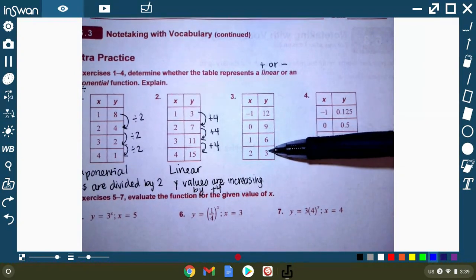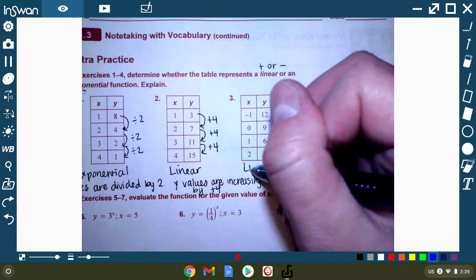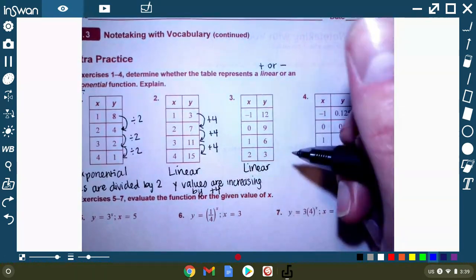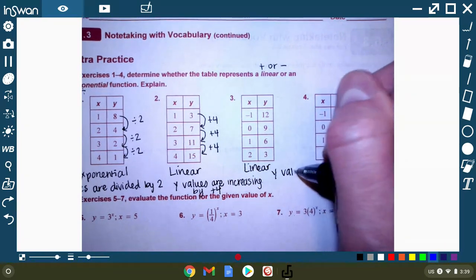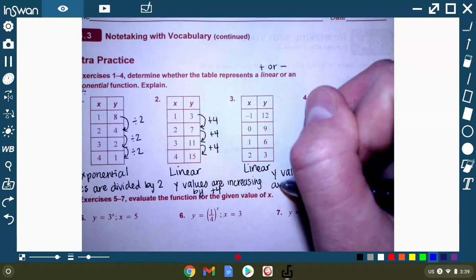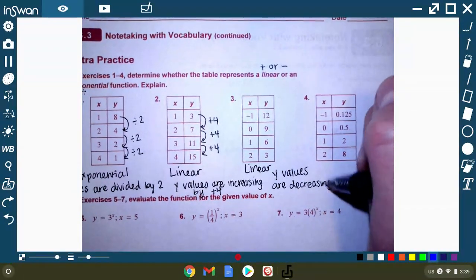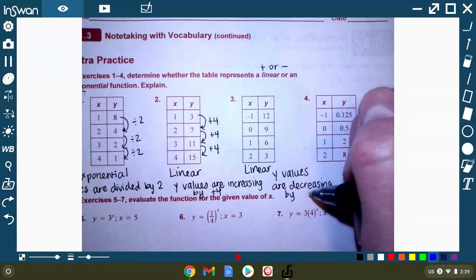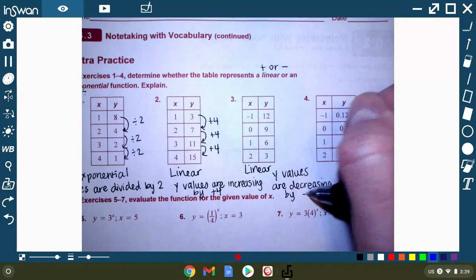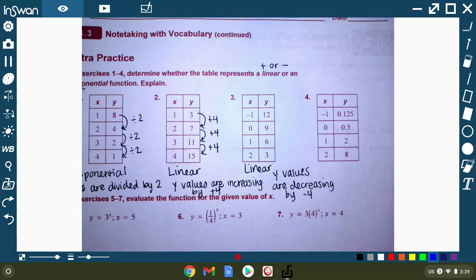And 6 minus 3 gives me 3. So this one is linear. And then the y values are decreasing by 3, or you're subtracting 3, however you want to write it. Okay, they're going down by 3.